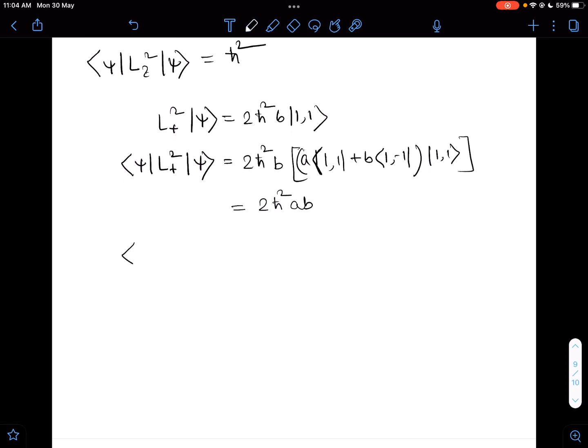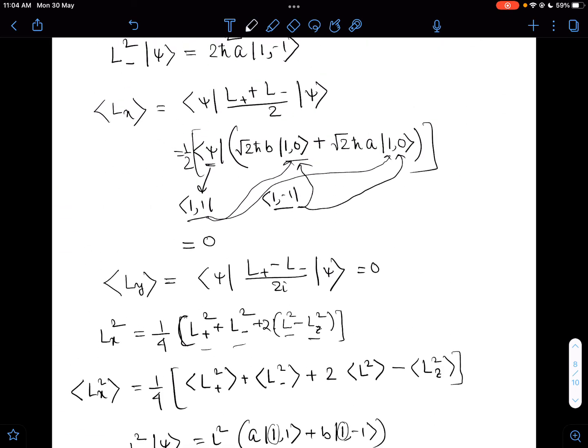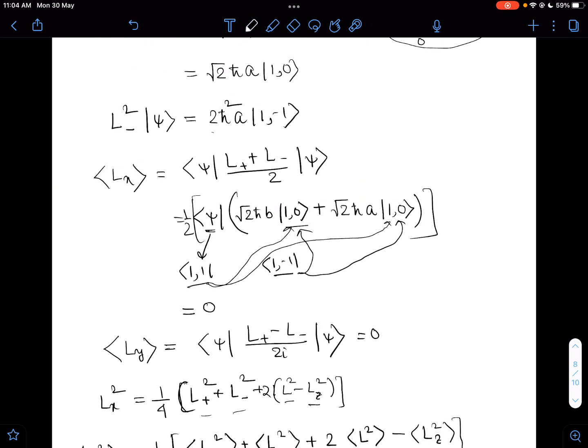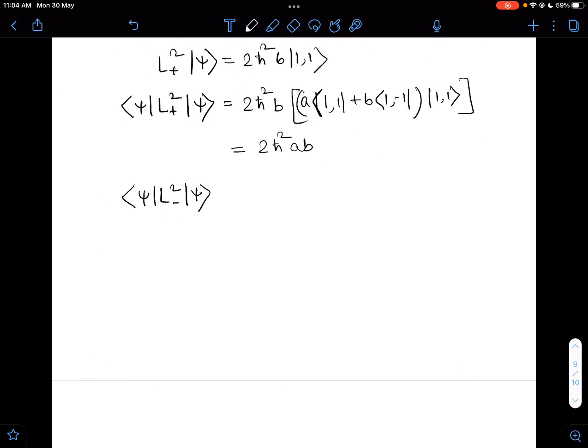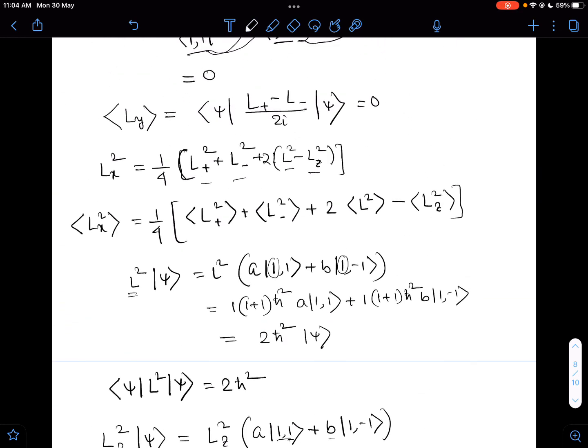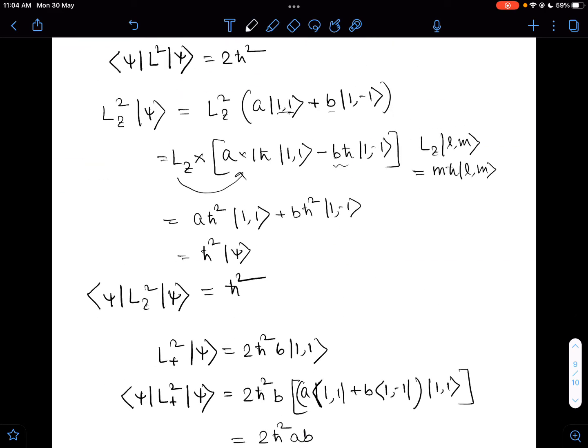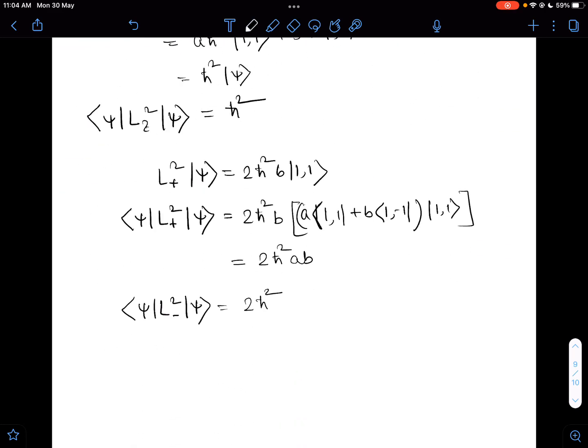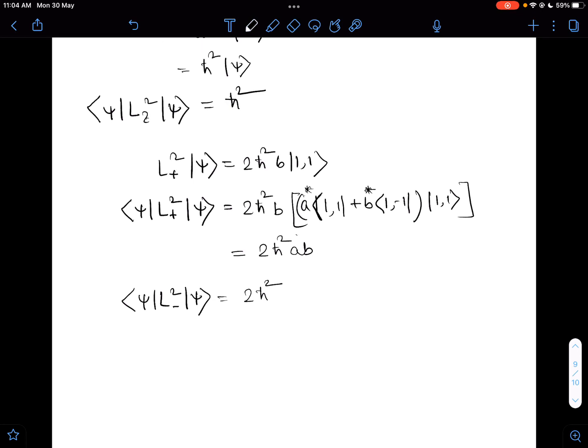And similarly, what will be the expectation value of L minus squared? L minus squared psi we know to be 2ħ squared A|1,-1>. So A and B we don't know if they are real or imaginary, so we have to take complex conjugate terms here. So it will be A star.